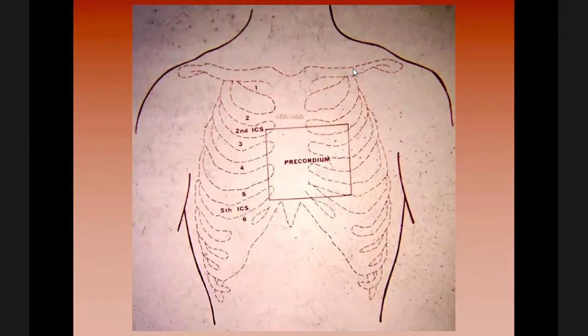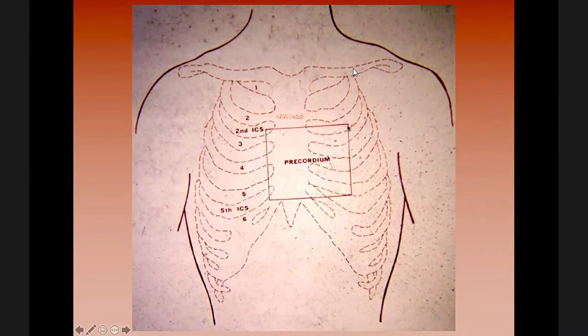So this is your precordium. This is the area of your precordium. It is bounded from the second ICS up to the nipple line or mid-clavicular. So along the second ICS, on the right side, your left sternal border, and then right sternal border, sorry.